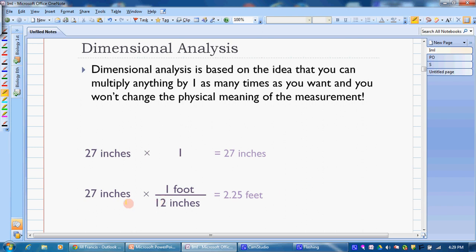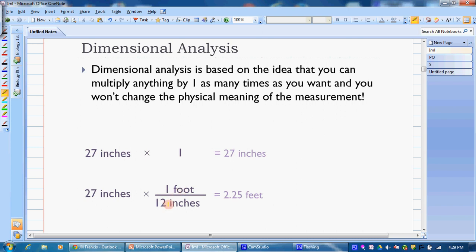So for this case here, if we have 27 inches and we want to know how many feet that is, we're going to take our 1 foot that we know is equal to 12 inches and use that as our conversion factor. This is just like a fraction. You would take your 27 inches times your 1 at the top, and you get the same number, 27.